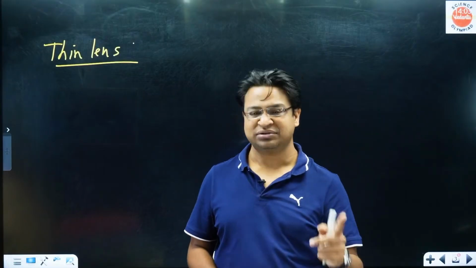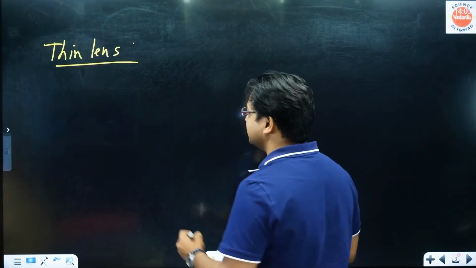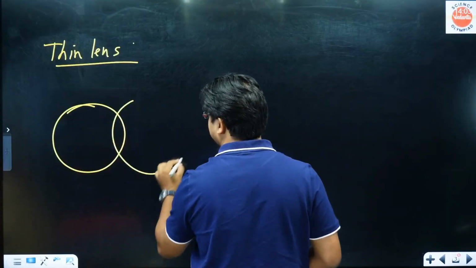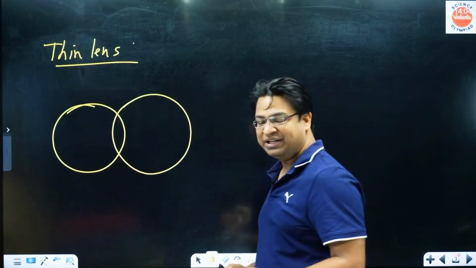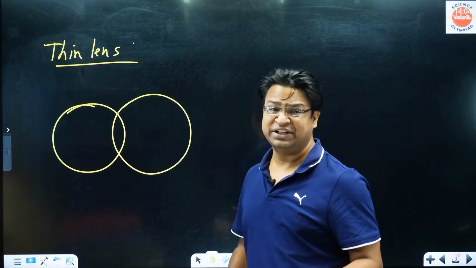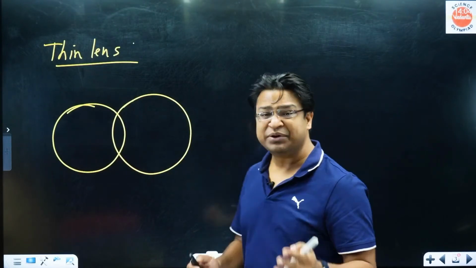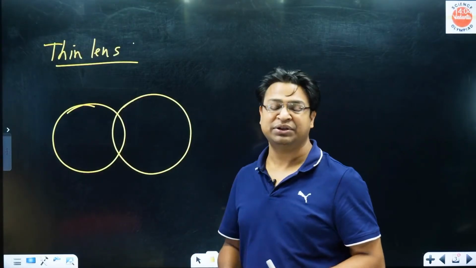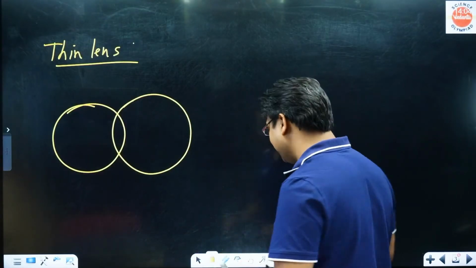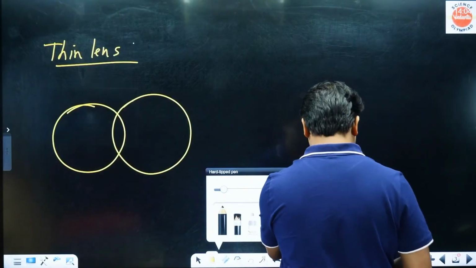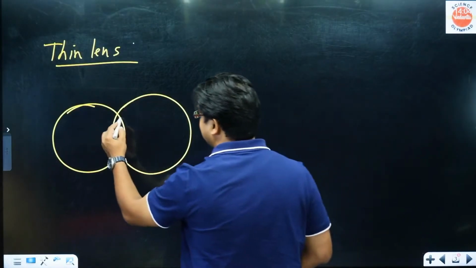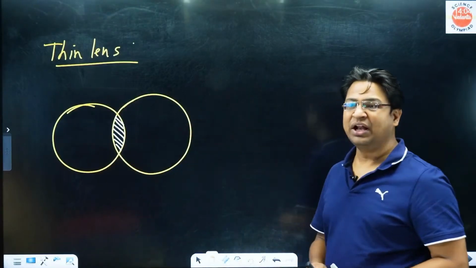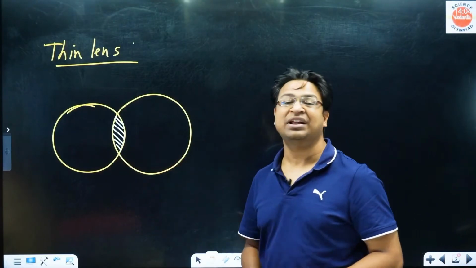What do I mean by this? Let me show you. Suppose this is a sphere and this is another sphere which may have the same radius or a different radius. Now I have deliberately drawn them in a manner that there is an overlap between the two spheres, and if I choose to fill the region of overlap with a transparent medium such as glass, then I'm going to call this a lens.